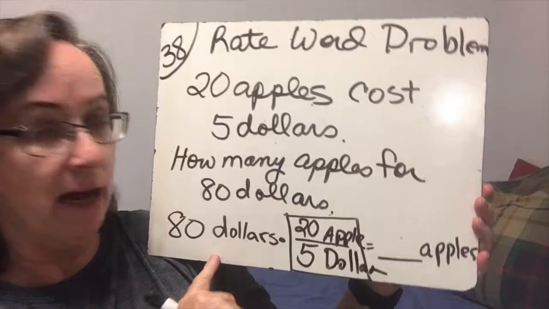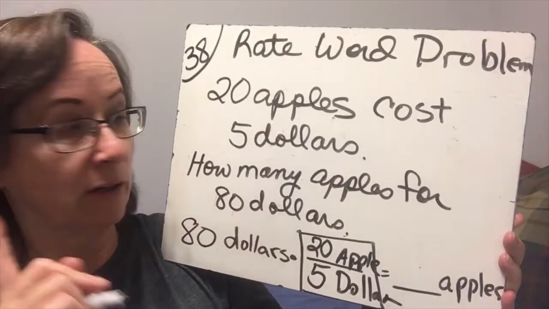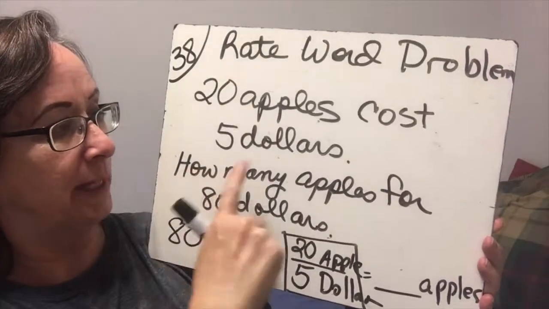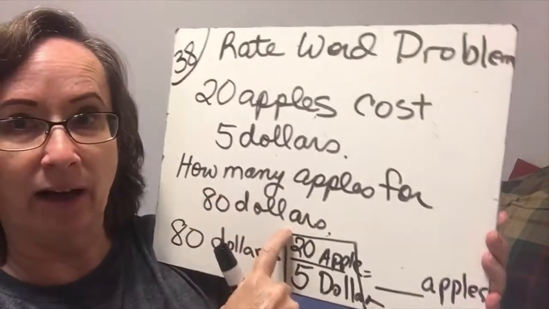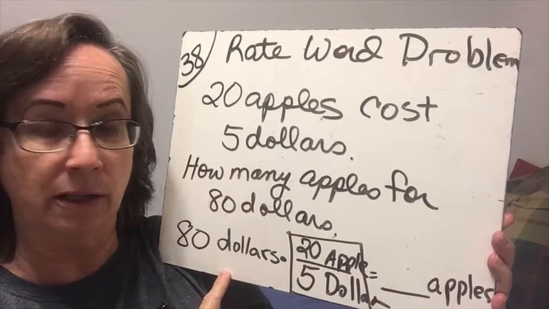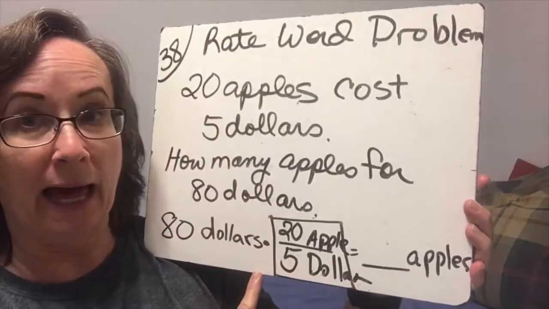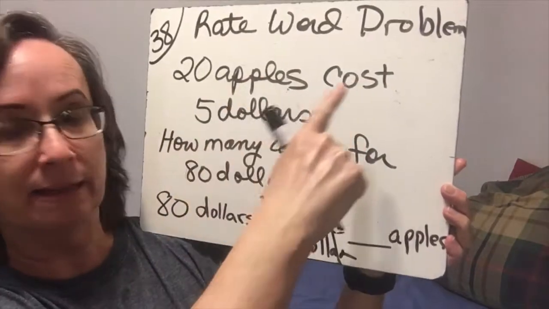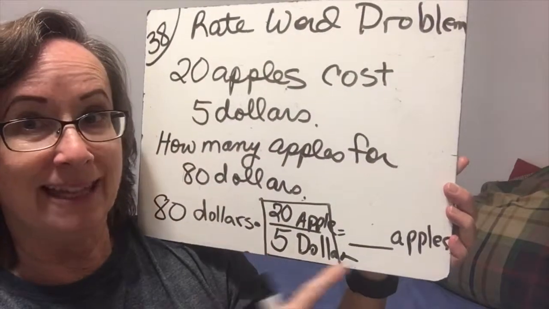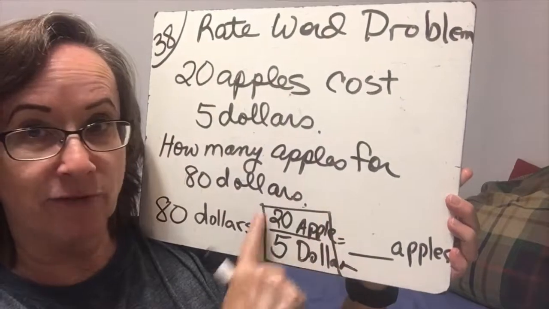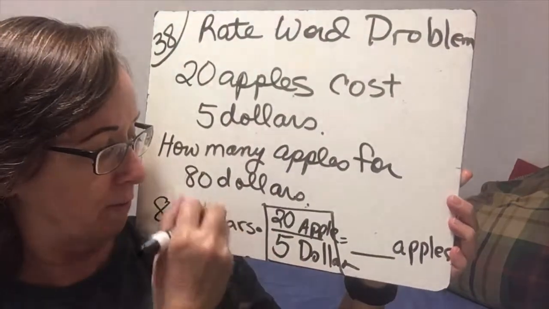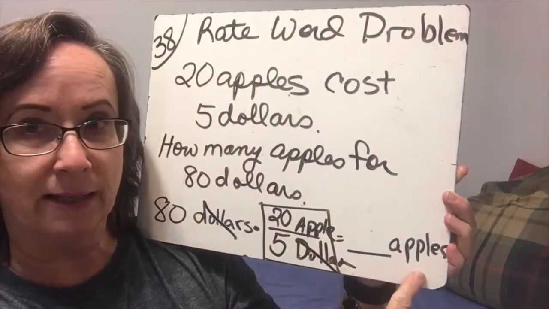Okay, and now I have one number in my problem. How many apples for $80? So I start with $80, and I'm going to multiply by the rate in this form, because this form is going to cancel dollars with dollars. I don't want dollars in my answer.